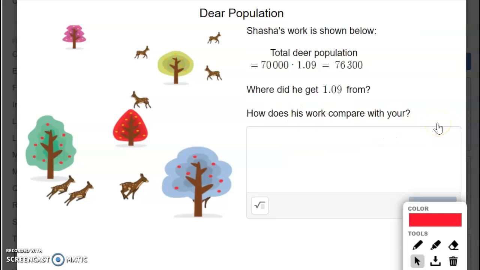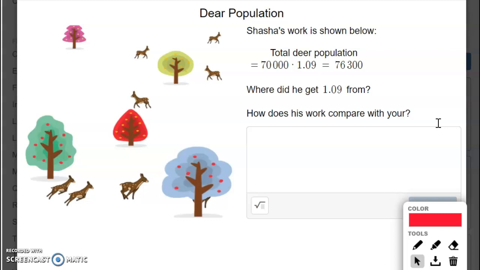Okay, Shasha's work is shown below. Total deer population is 70,000 multiplied by 1.09. What did she do? Instead of multiplying 70,000 by 9%, calculating the increase and then adding it to 70,000, what she did was very clever in that she added 1 to it, so it became 1.09.